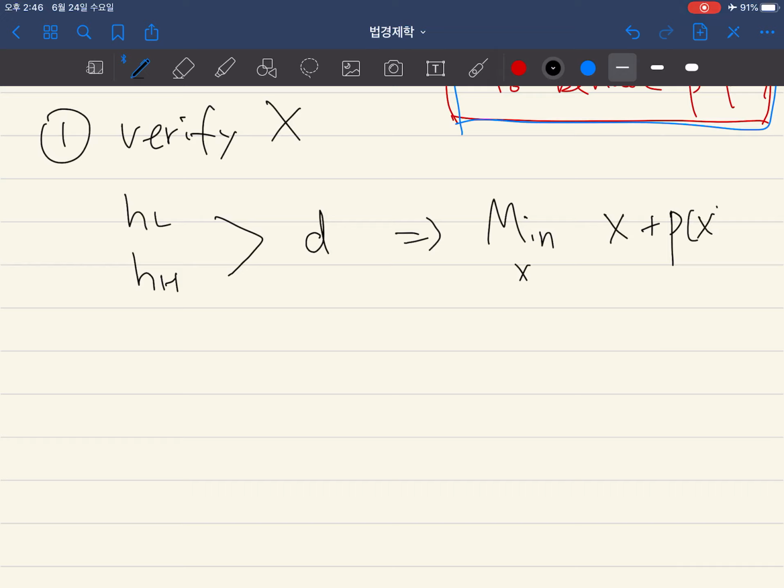And if something goes wrong and there is an accident with probability p(x), the defendant has to pay $D regardless of actual harm. So this is the defendant's problem. So the defendant is going to solve this problem. So we know the solution is x star, and this is gonna be a function of D.